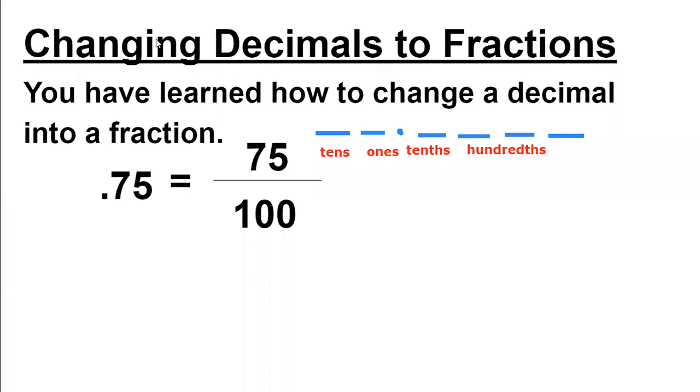And then I'm going to move my lines over a little bit to give more space to write the next word. The next one after hundredths is thousandths. What am I saying? Just thousandths.